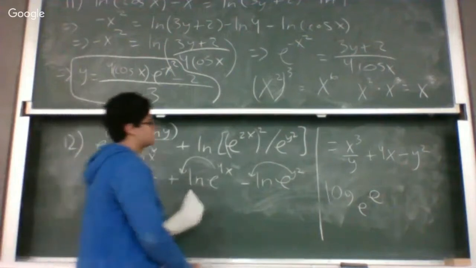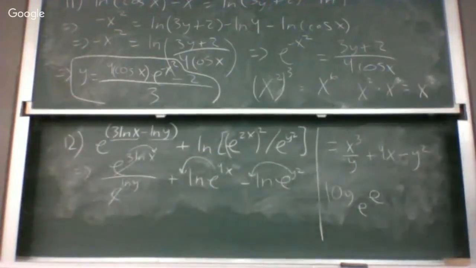Okay, let me just go over here quickly. So I have e to 2x, that whole thing squared, right? You can rewrite this as essentially e to 2x times e to 2x.